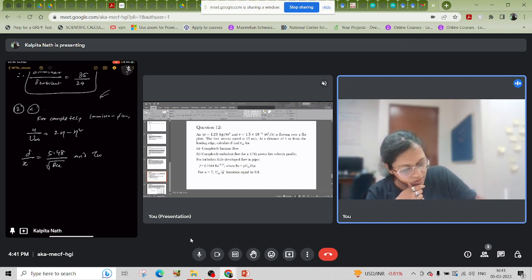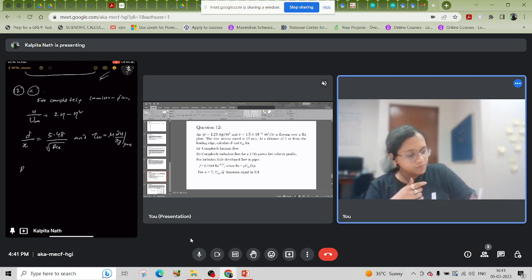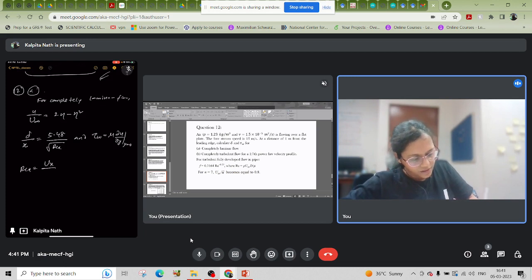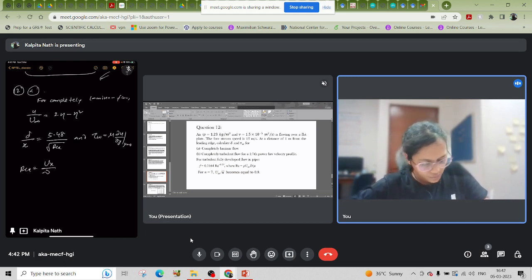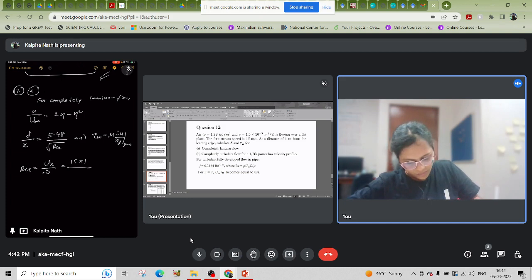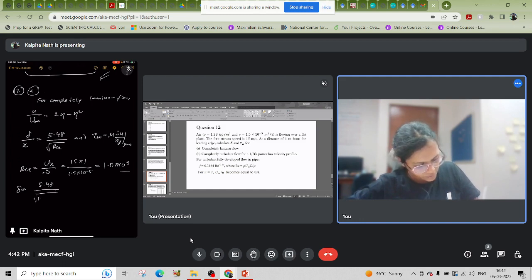And tau w is equal to mu del u by del y. Now Reynolds number is u x by nu, that is 15 into 1 by 1.5 into 10 to the power minus 5, which is 1.0 into 10 to the power 6. So delta is equal to 5.48 by root of 1.0 into 10 to the power 6 into 1 meter. This is 5.48 millimeter.